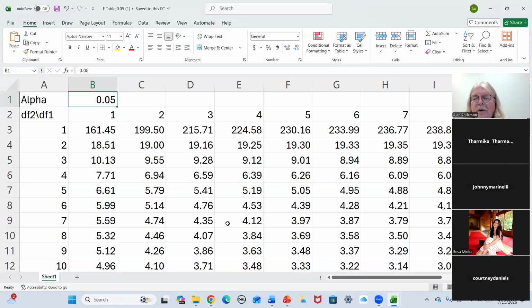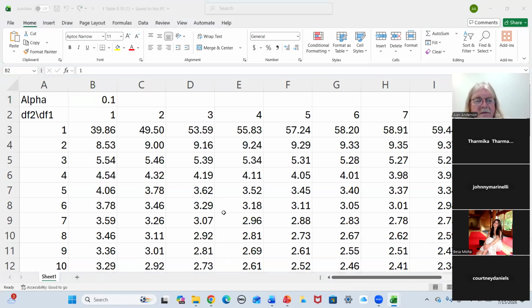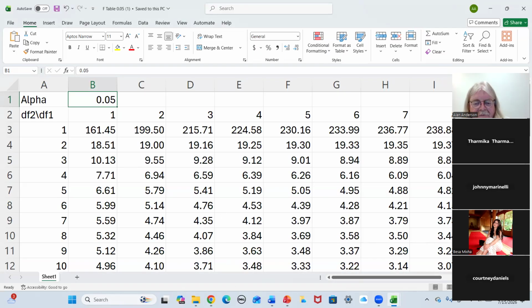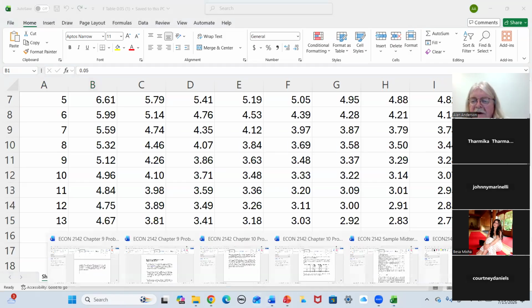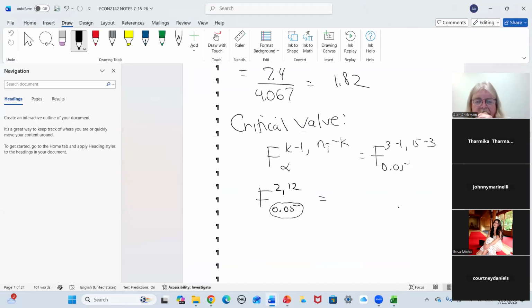Now, here's the most important thing. Do not get confused about this. The way the table is constructed, find it in the table, not in your calculator, unfortunately. Oh, and one more thing. Don't forget, we were calling this the numerator degrees of freedom.